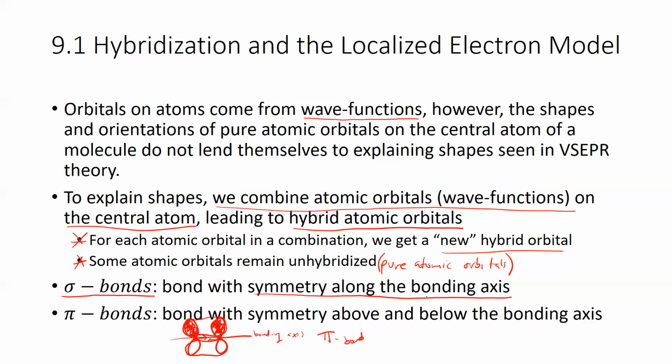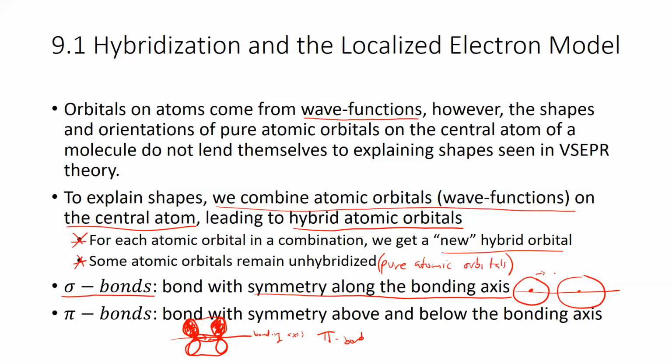So we have orbitals that overlap on the bonding axis. An example of orbitals that might overlap on the bonding axis, and we'll see these, is if you have, say, an H2 molecule, where there's one hydrogen atom, here's another hydrogen atom, so those are, say, s orbitals. Here's our bonding axis.